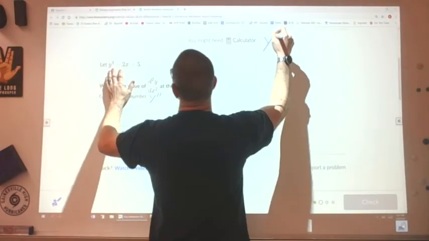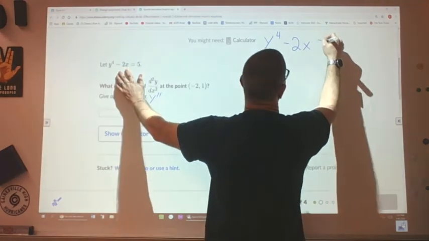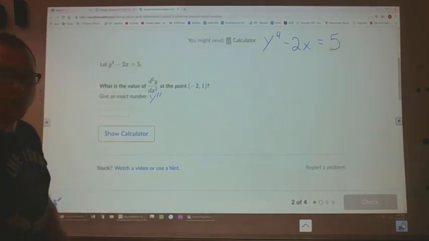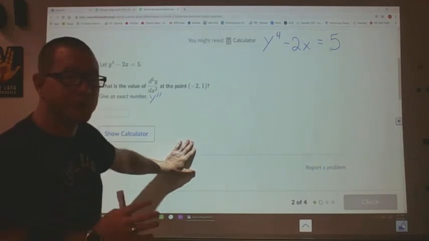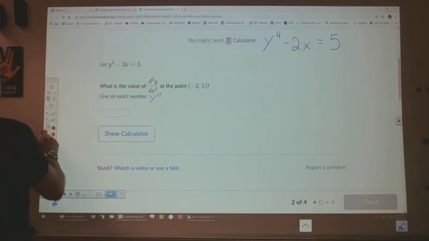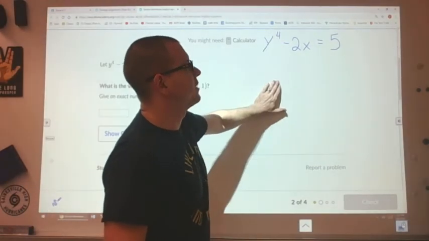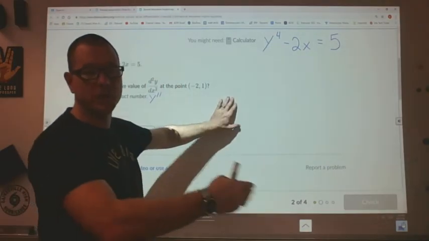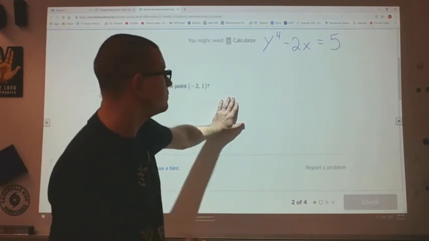Y to the fourth minus 2x is equal to 5. And if we kind of think this through, if I want to know the second derivative, I have to know the first derivative. So start there. Let's take the first derivative. I don't want to take the fourth root of an expression, so I'm not going to try to solve for y. I'm just going to work it through implicitly, which just means term by term.